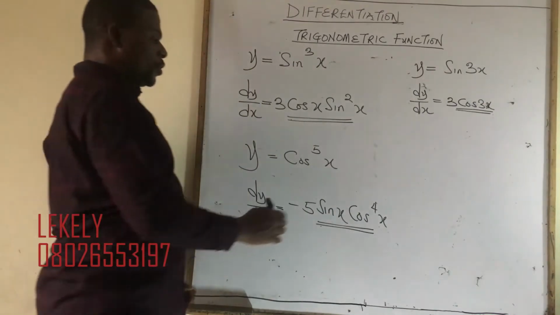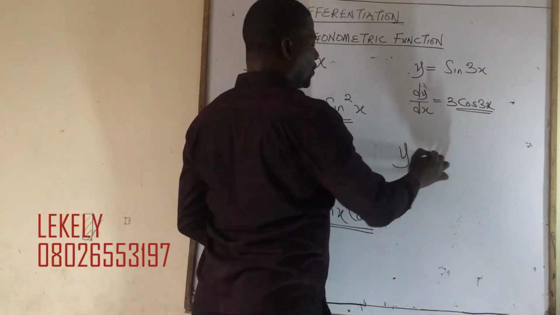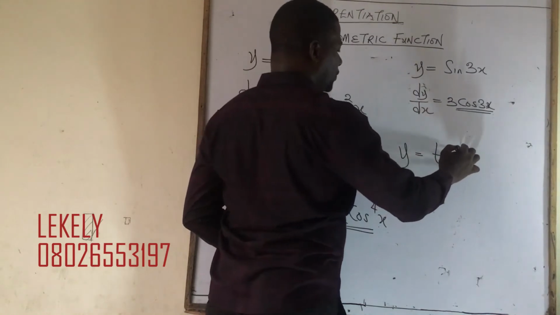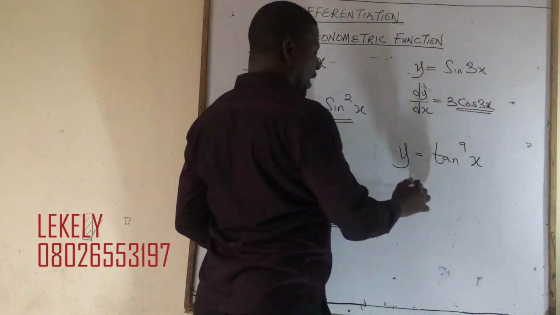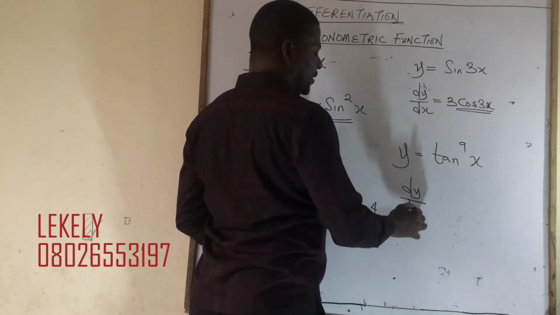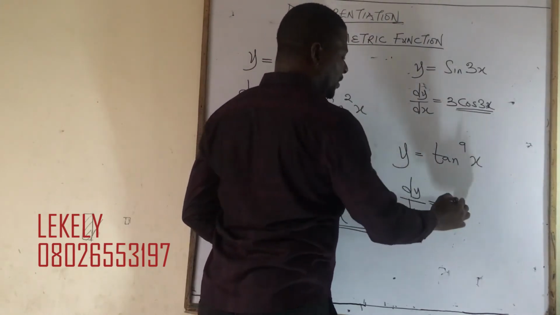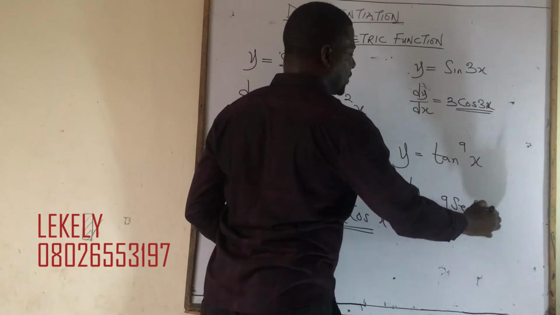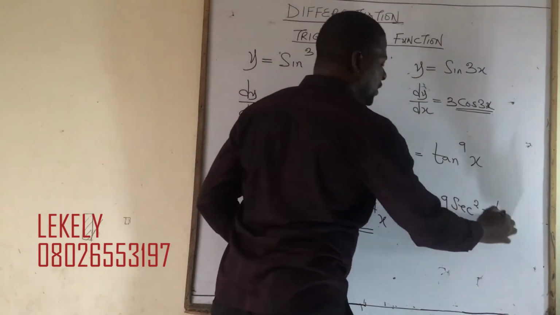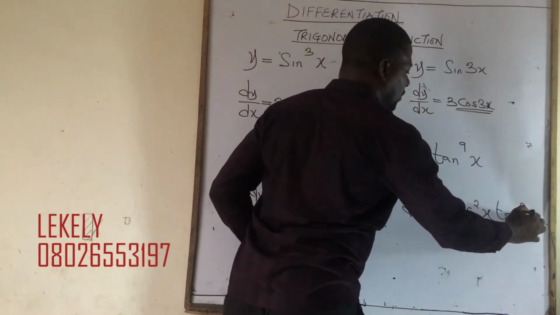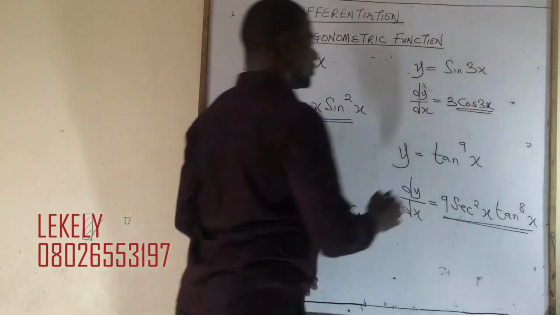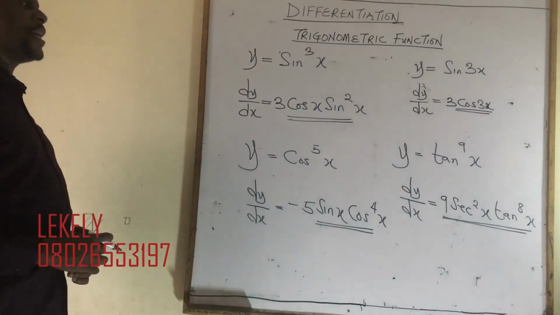You see that? So if I have y equals tan x power 9, so our dy dx will be bring down the 9, differentiate tan x, sec squared x, then minus 1 from this 9, tan x raised to power 8. You see that? That is the answer.